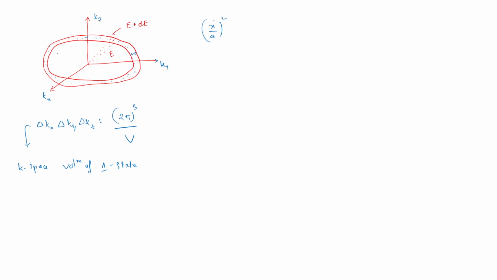So kx by a whole square plus y by b whole square plus z by c whole square is equal to 1. If this is the ellipsoid, then the volume will be given by 4 pi by 3 abc. For this ellipsoid, what would be this a, b and c, that we have to find out, and that we can get from the dispersion relation.